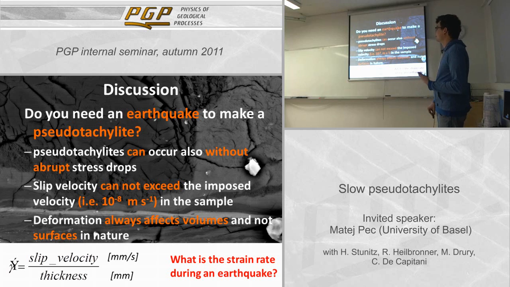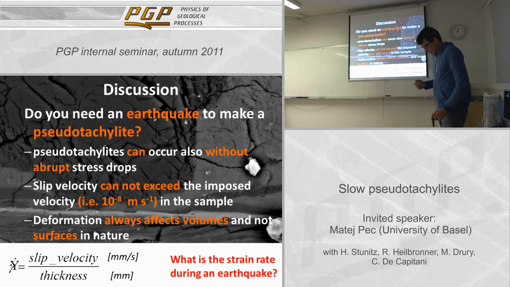So, coming to the discussion, I would ask myself whether we really need an earthquake to make a pseudotachylite, because in our case they occur without stress drops at slip velocities that are up to 8 orders of magnitude slower than the slip velocities inferred from earthquakes.